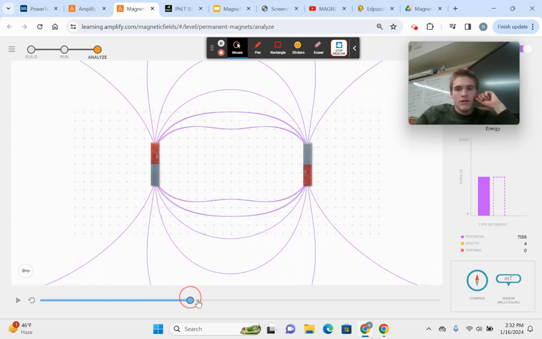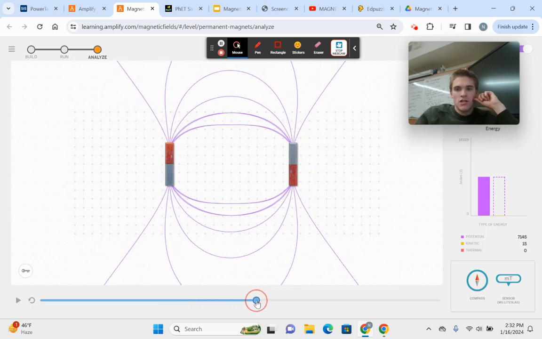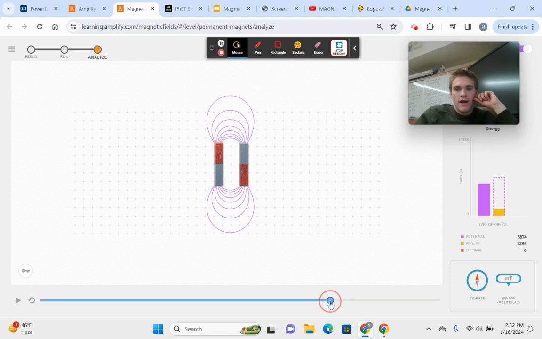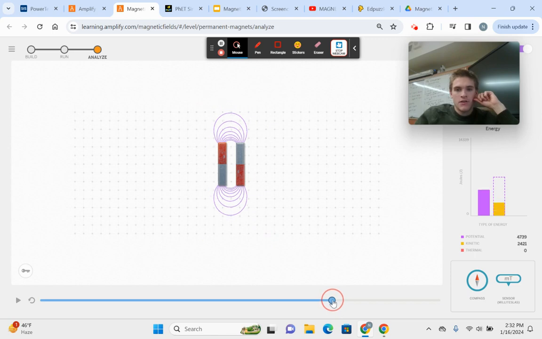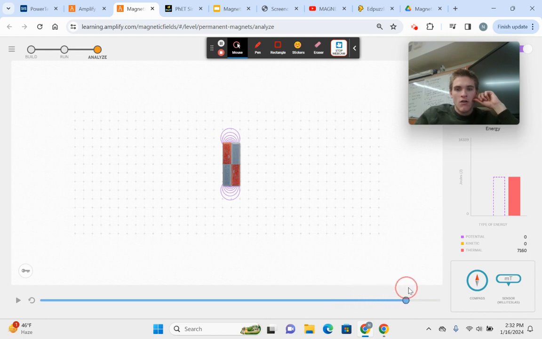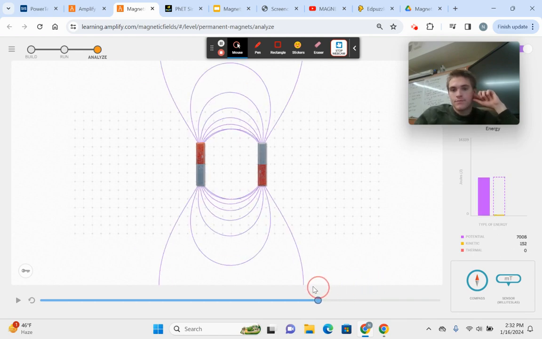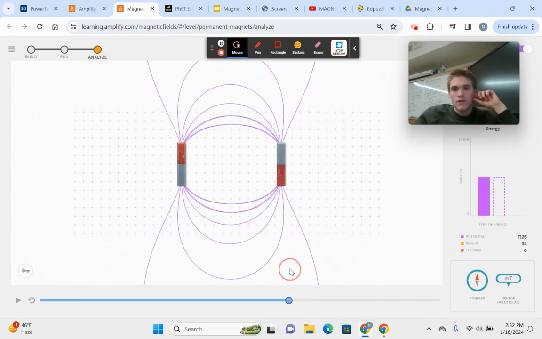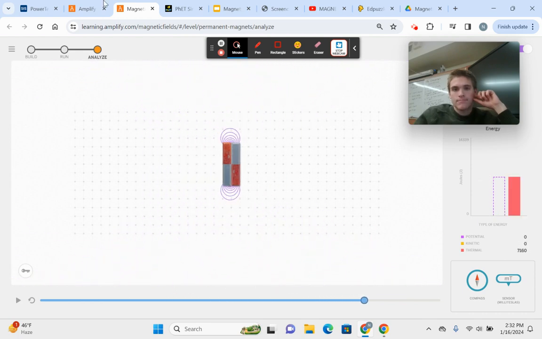And the potential energy will be changed into kinetic energy as the objects move faster and faster until they connect and all of their energy is turned into kinetic energy, movement, and then it'll become potential again.